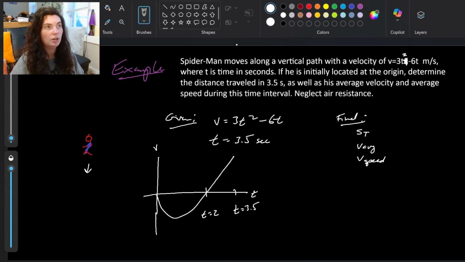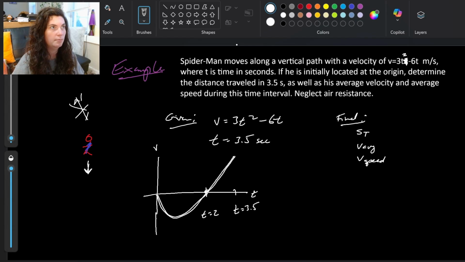Right, so my velocity represented by this quadratic function actually starts out negative, crosses through 0, and then becomes positive. So what does that mean? What does it mean for what's actually happening as Spider-Man is traveling? He has a negative velocity, so he is traveling downward, as I've assumed him to be, slinging from his web up here or whatever.